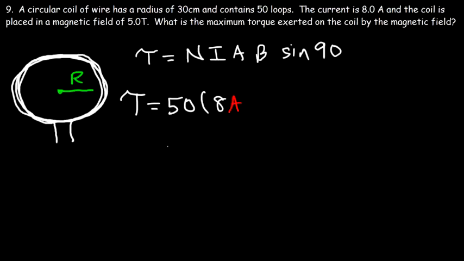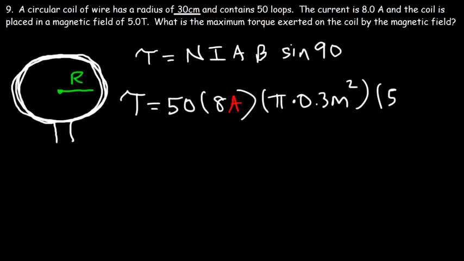To find the area, it's going to be the area of a circle, which is pi r squared. So it's pi times the radius squared. The radius is 30 centimeters, but we need to convert that to meters. 30 centimeters is 0.3 meters. So it's pi times 0.3 squared. So that's the area. The magnetic field is 5 Tesla, and sine 90 is 1.